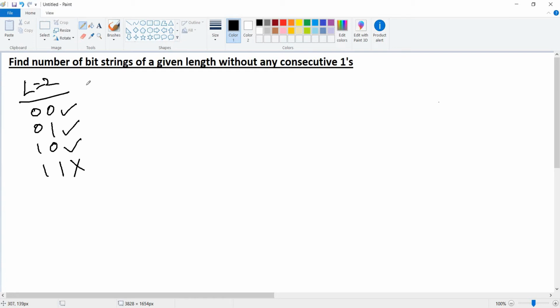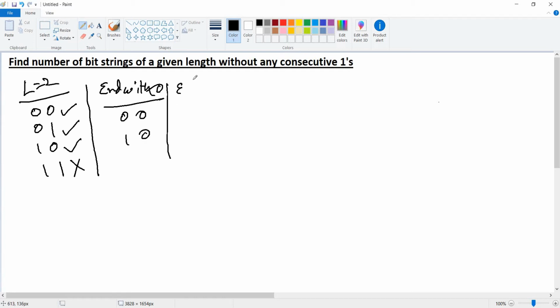So next thing to observe here, that strings ending with 0, we have two strings, that is 00 and 10. Then strings ending with 1, we have only one, that is 01. Now just record these facts.